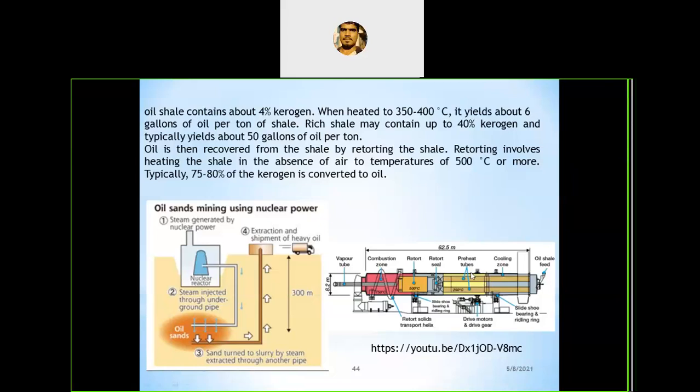This can be used directly for heating purposes, or it is also used for electric generation. So here also, same thing. The working principle is, first, extract the oil shale, those rocks, from the earth's crust. Then the rocks are crushed into a fine powder in the crusher.